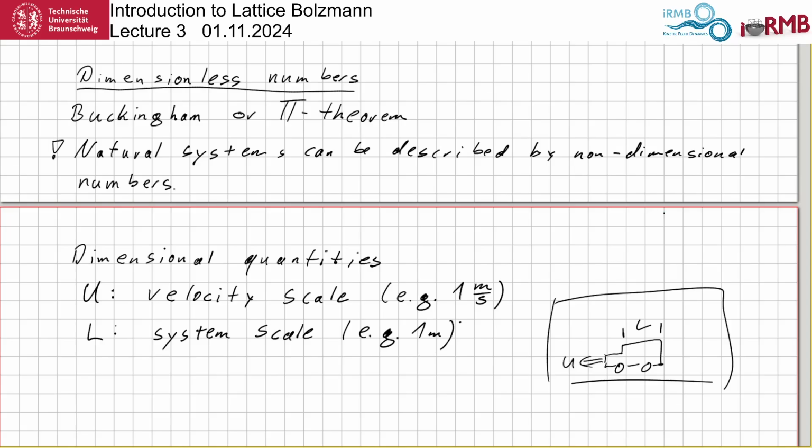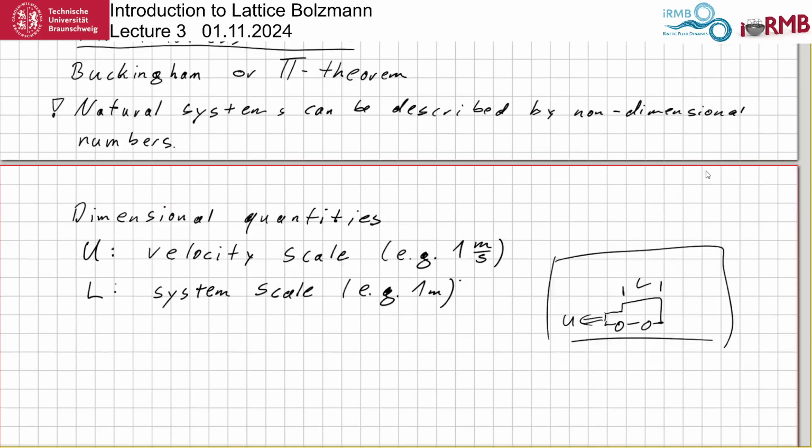So these are dimensional numbers, and the other dimensional number that is usually not included in fluid dynamics is the mean free path. In fluid dynamics, we would look at velocity and length scale, but the mean free path will not usually be considered.